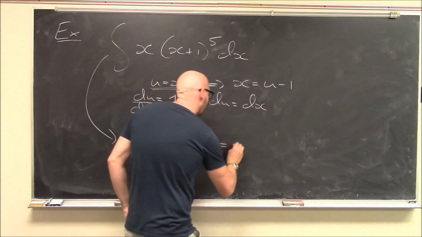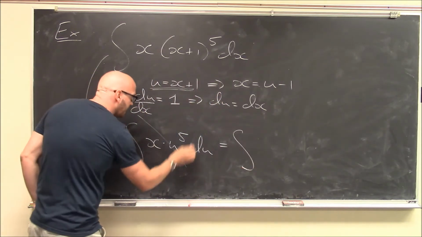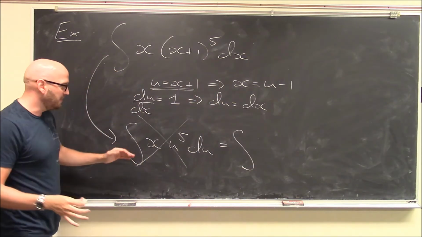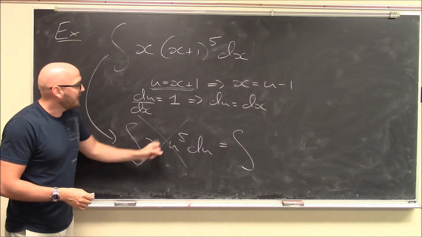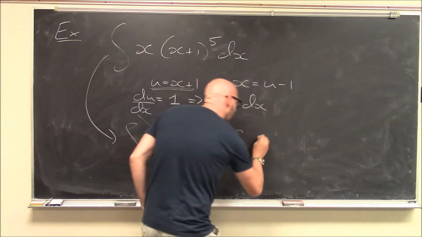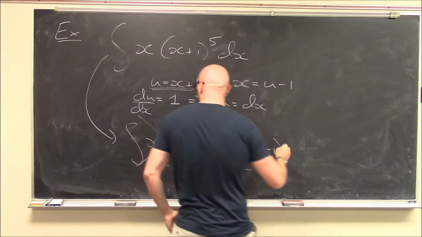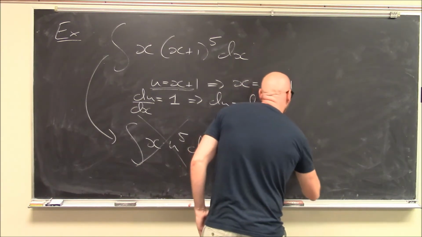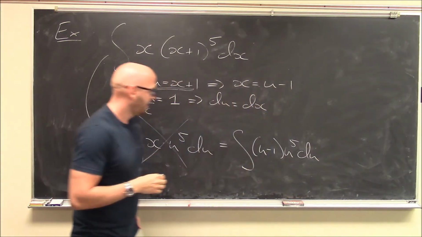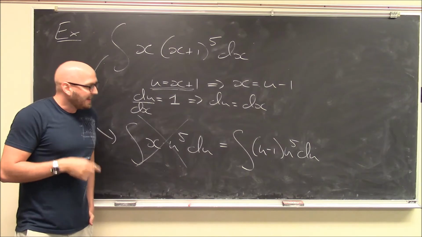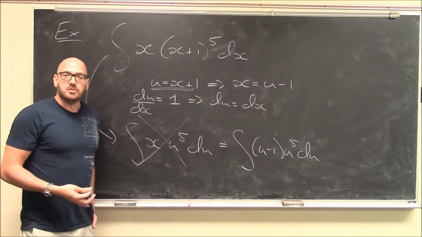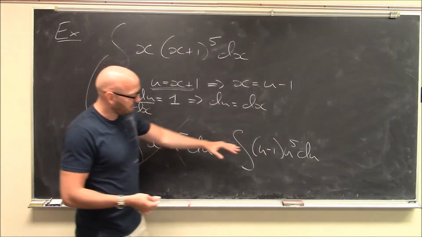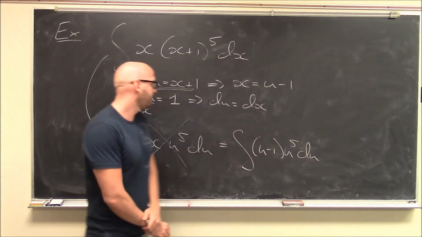This line I'll never write again because x's and u's mixed together don't make much sense, but x is u minus 1. So this is u minus 1 times u to the 5th. And now we've succeeded in making the substitution because everything's now in terms of u and just du.